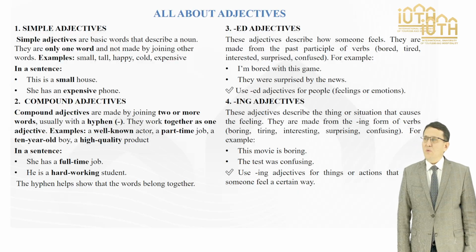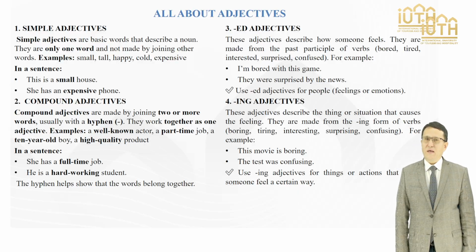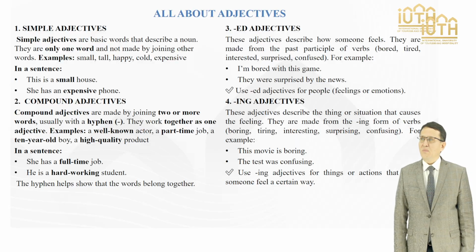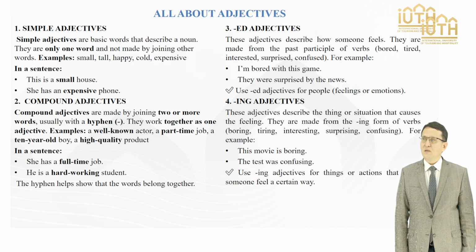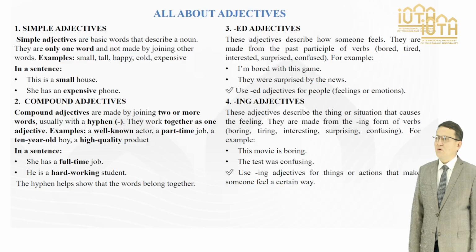So we also have ed-ending adjectives and ing-ending adjectives. Ed-ending adjectives describe how someone feels and are made from the past participle of verbs: bored, tired, interested, surprised, confused. Ing-ending adjectives describe the things or situations that cause the feeling.